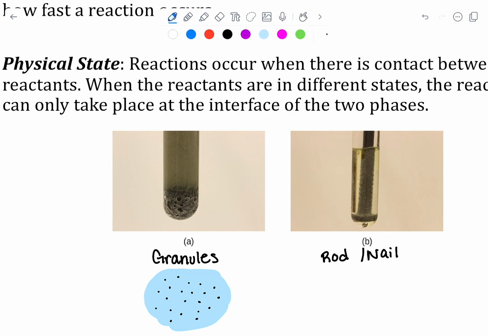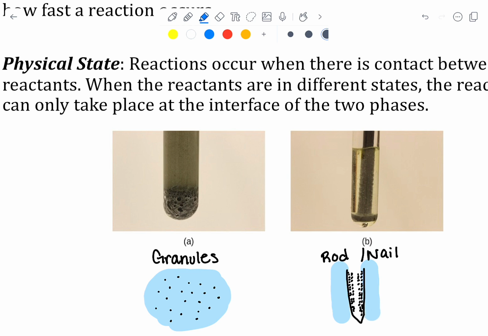Whereas if I have a nail or a rod, okay, so if I have a nail, it looks like this, and it's made up of a bunch of iron, right, going through. There's layers upon layers of iron atoms. And if we were to put that into the solution, it would only have contact with that first outer layer of iron first.